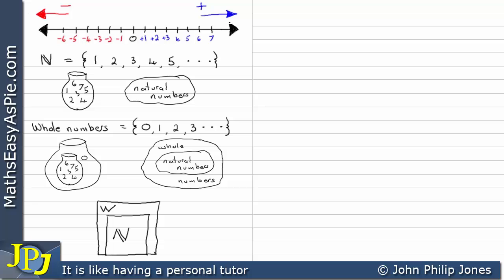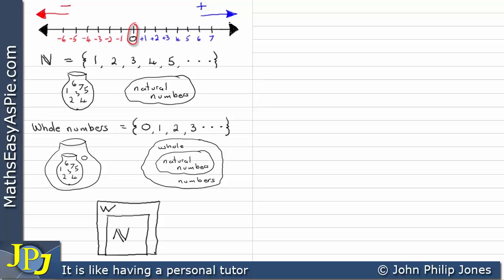An alternative representation is shown here. This is where we have this outer area representing the set of whole numbers and the inner area representing the set of natural numbers. And we can see that the natural numbers are contained within the whole numbers.